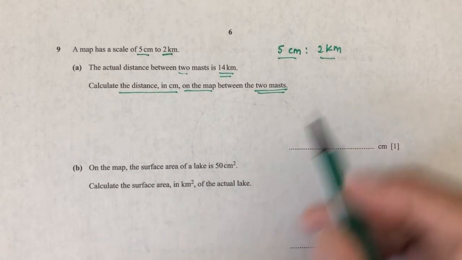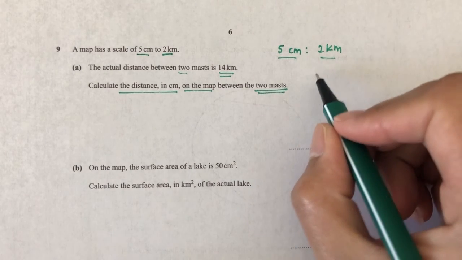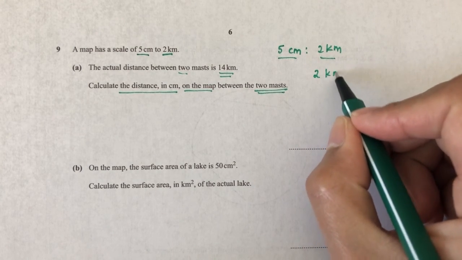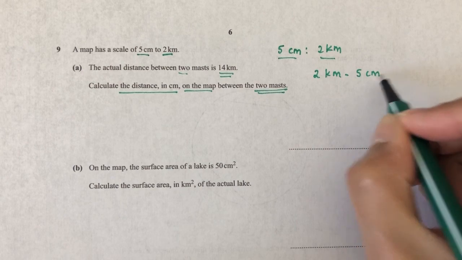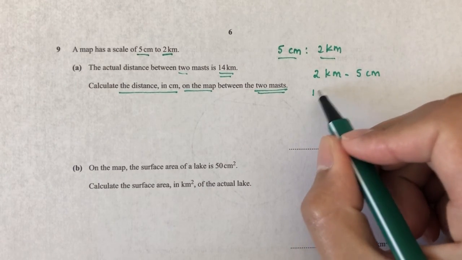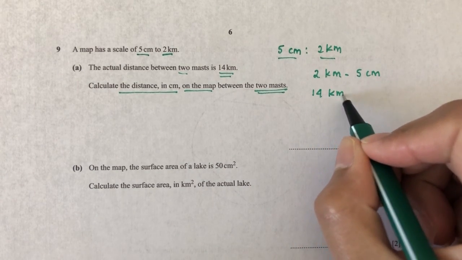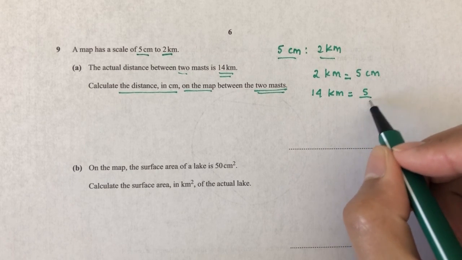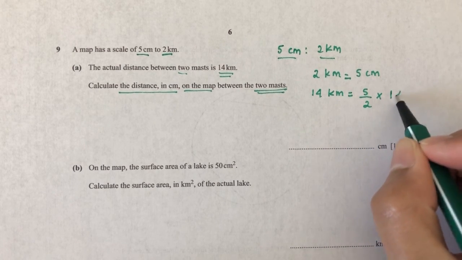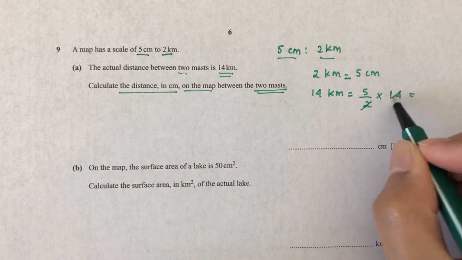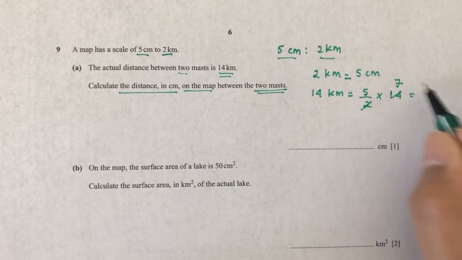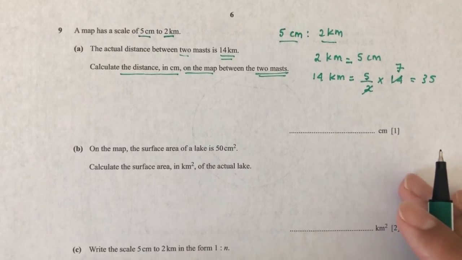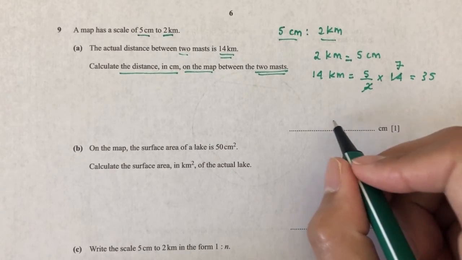Okay, so we know that 2 kilometers represent 5 centimeters on the map. So what does 14 kilometers represent on the map? It will be 5 divided by 2 times 14. 7, so 5 times 7 is 35. So on the map, the distance will be 35 centimeters.